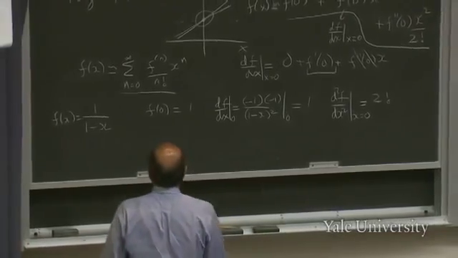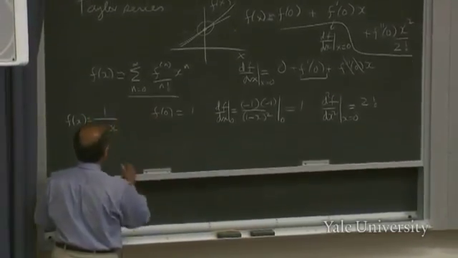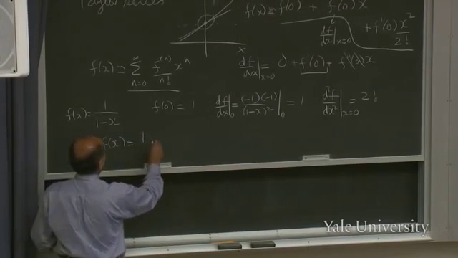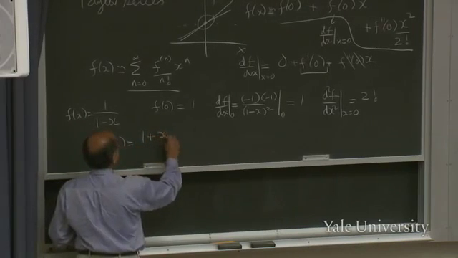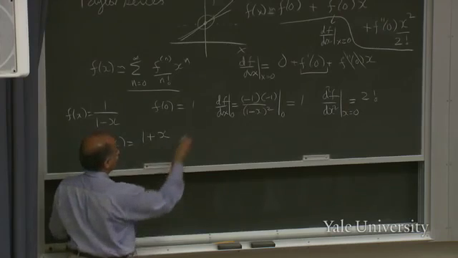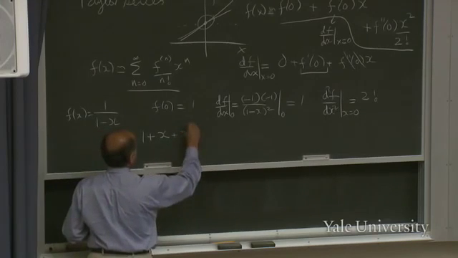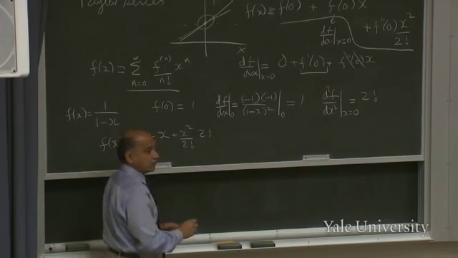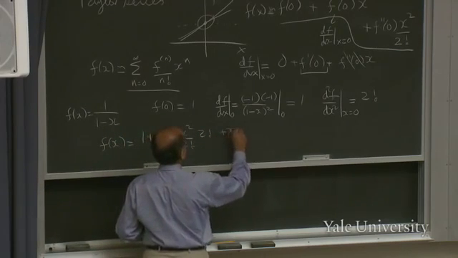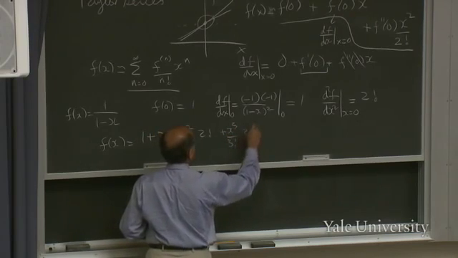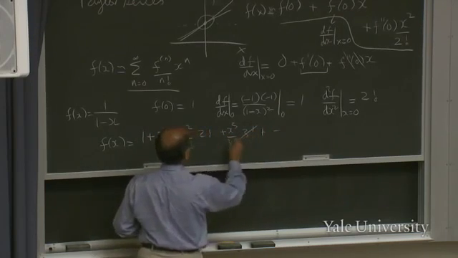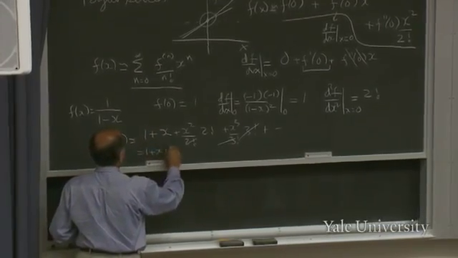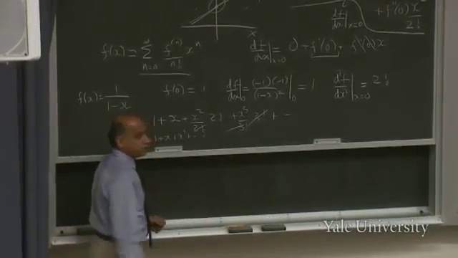Well, that's very nice, because then my approximation to the function begins as 1 plus x times the first derivative, which happens to be 1, plus x squared over 2 factorial times the second derivative, which happens to be 2 factorial, plus x cubed over 3 factorial times 3 factorial. So you can see where this guy is going. It looks like 1 plus x plus x squared, etc.